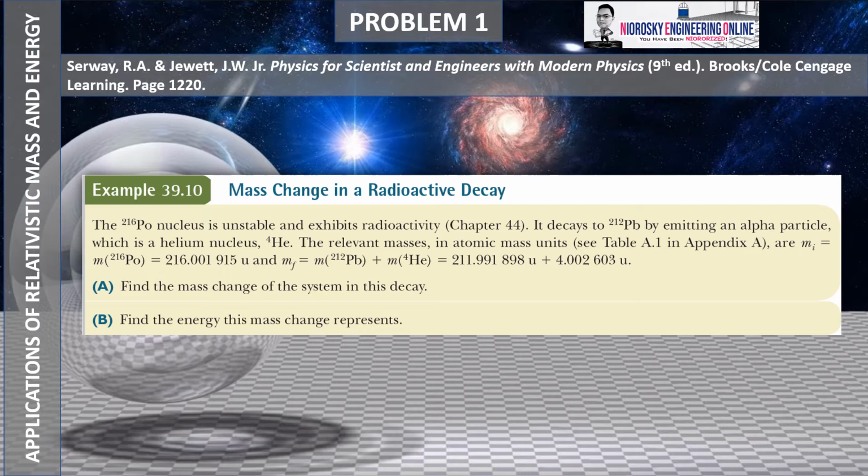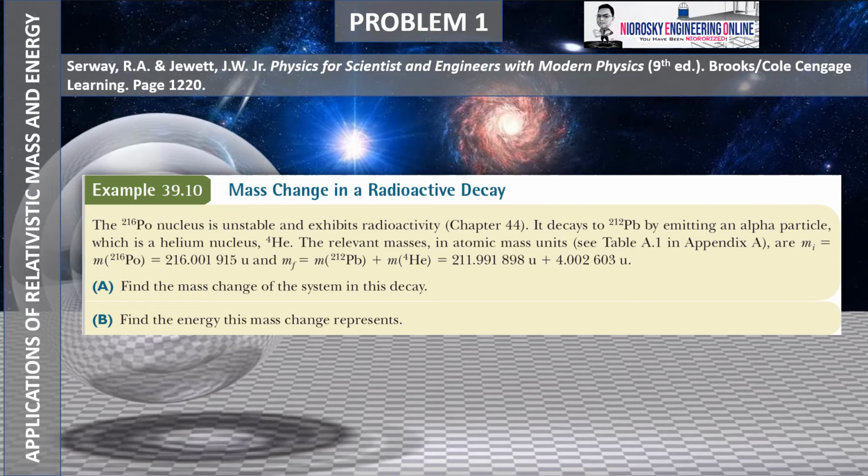The nucleus is unstable and exhibits radioactivity, as depicted in chapter 44 of that reference book. It decays to a lead or plumbum of mass number 212 by emitting an alpha particle, which is a helium nucleus of mass number 4.